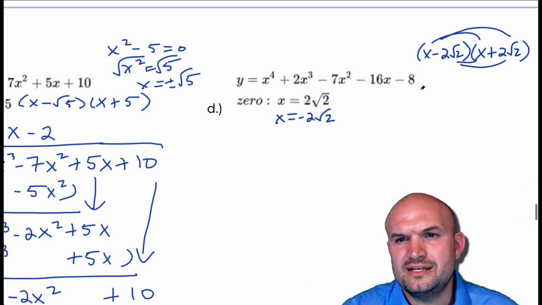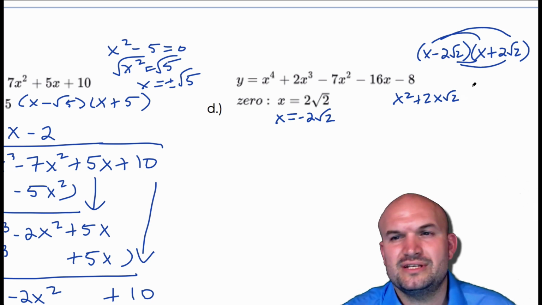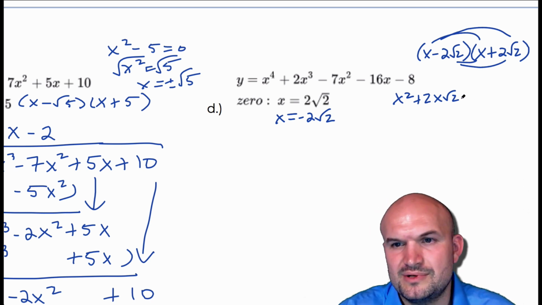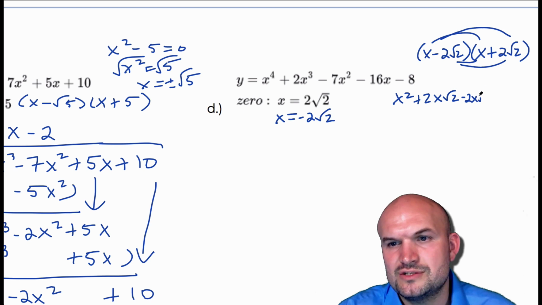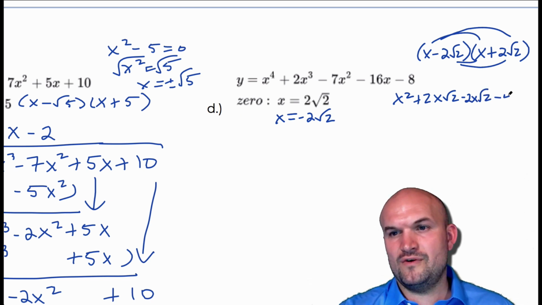That's going to give me x squared plus 2x square root of 2, minus 2x square root of 2, and then that's going to become a negative 4 square root of 2 squared.